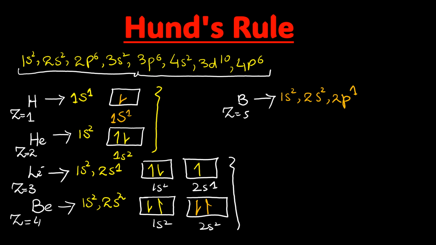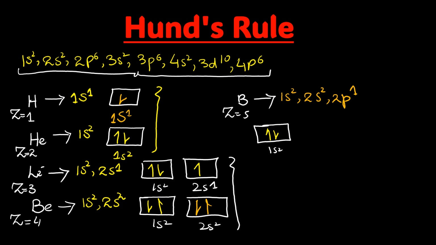So the diagram for boron will be first, boron will occupy the 1s2 subshell, and in 1s2 boron will accommodate 2 electrons with opposite spin.